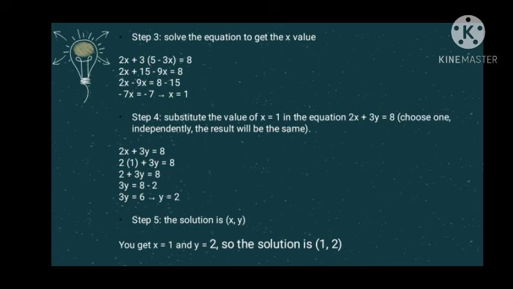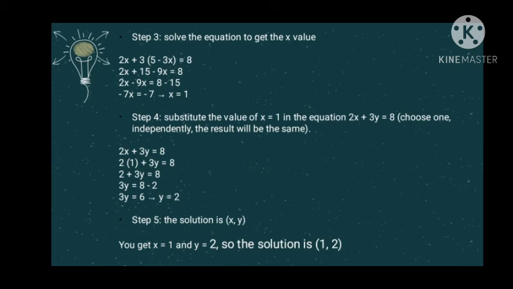Substituting x equals 1 becomes 2 times 1 plus 3y equals 8, which becomes 2 plus 3y equals 8. Moving 2 to the right becomes 3y equals 8 minus 2, which becomes 3y equals 6.